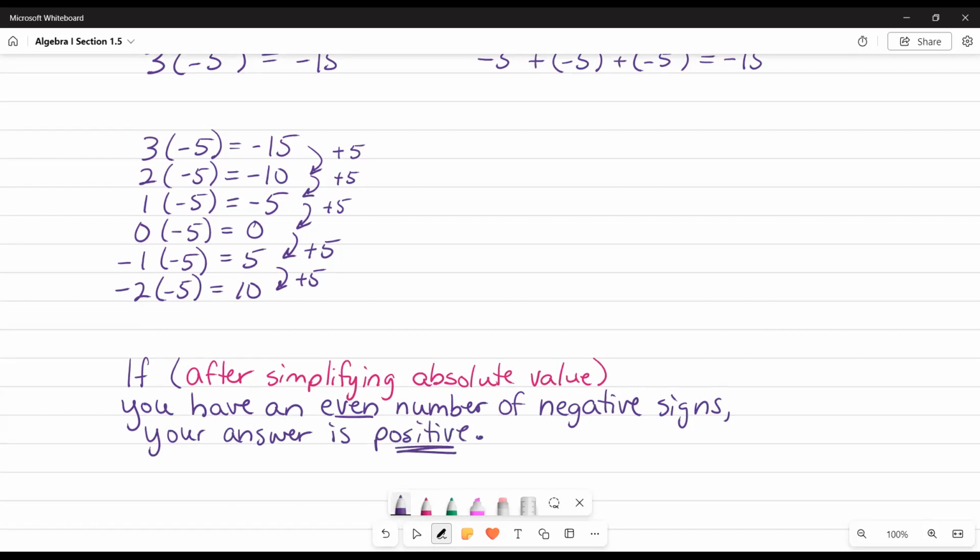And then the inverse of that is if you have an odd number of negative signs, your answer is going to be negative.